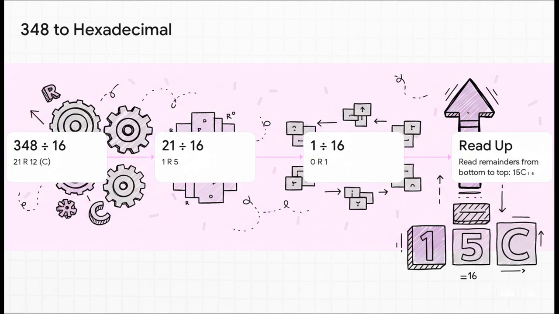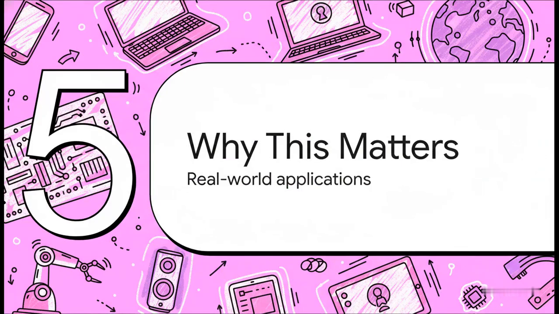So 348 divided by 16 leaves us with a remainder of 12. But hold on, we can't write 12. We have to remember that in hex, 12 is represented by the letter C. We keep going with the division, and once again, reading those remainders from the bottom up gives us our answer, 15C.